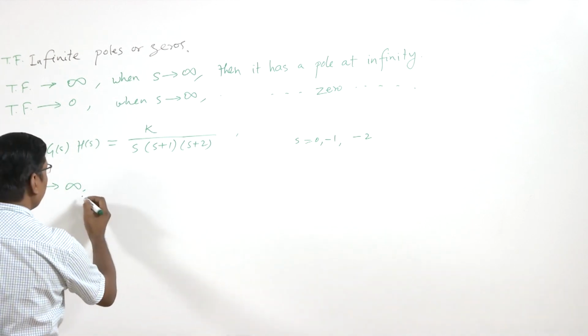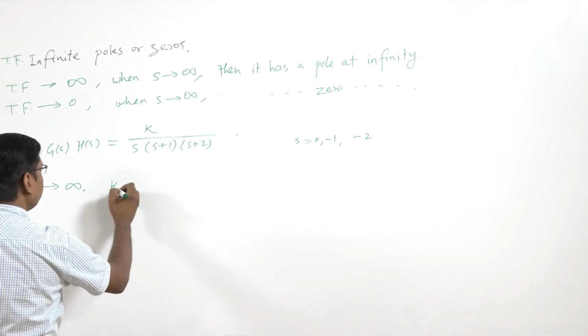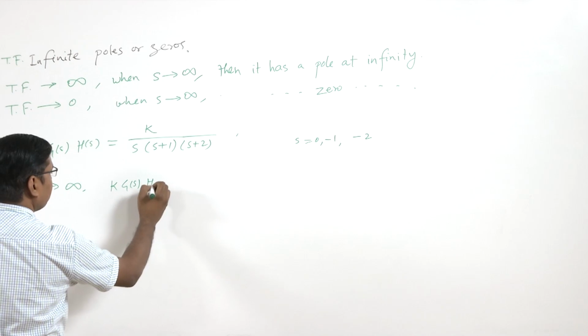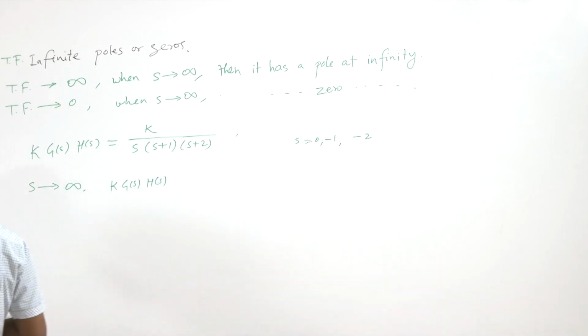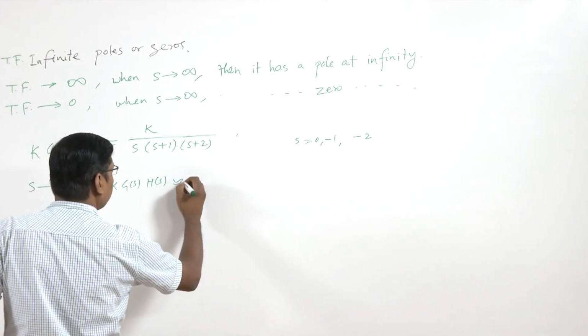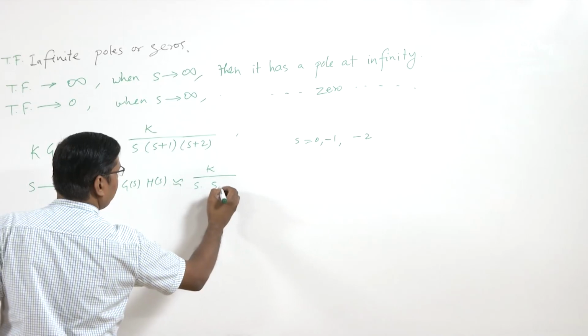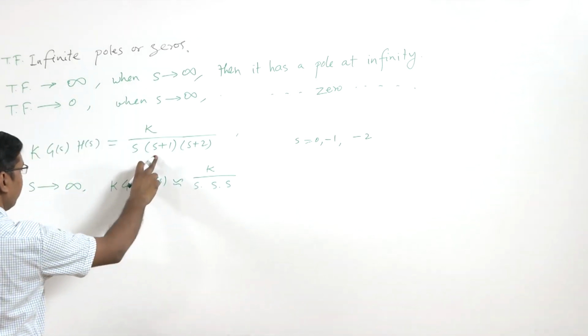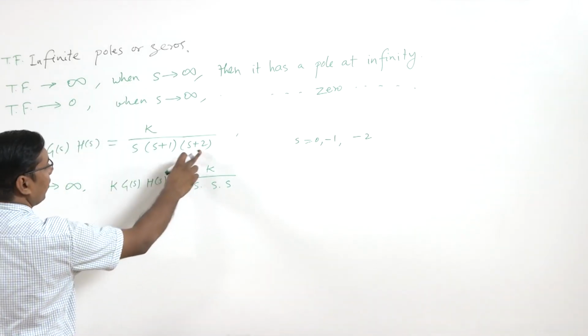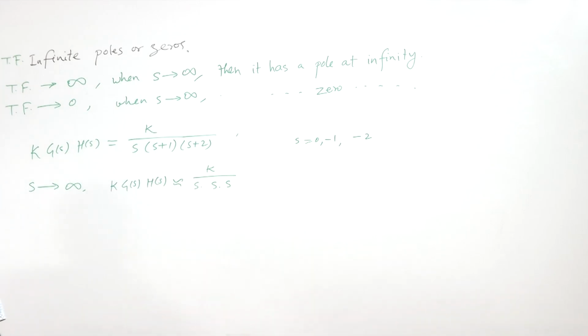So when s tends to infinity, we will get K G(s)H(s) approximately K upon s into s into s, because if s is tending to infinity, we can neglect this 1 and 2 compared to s.